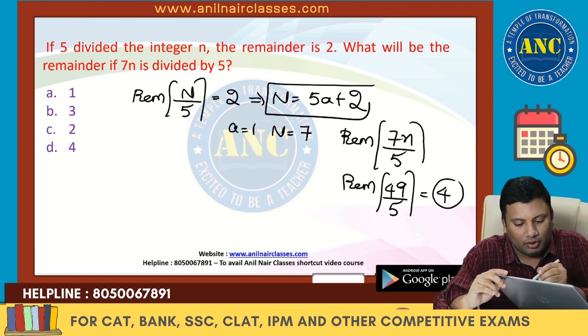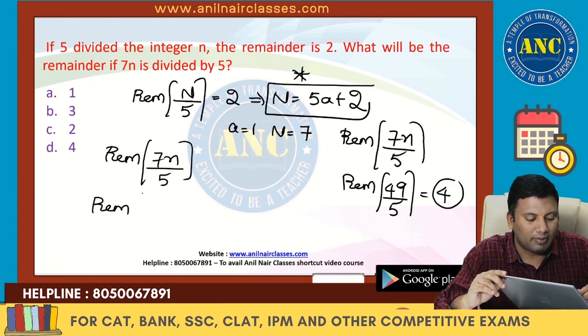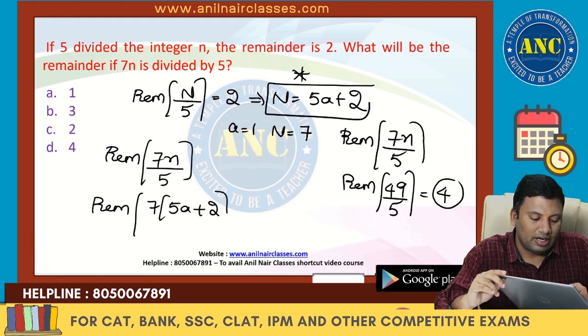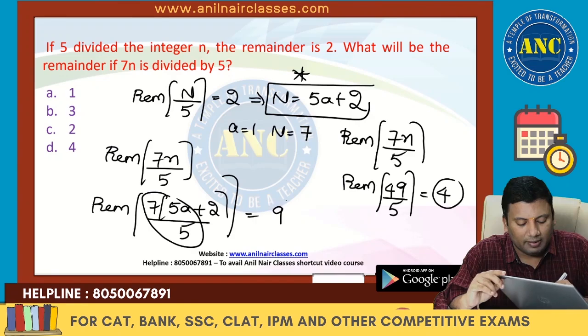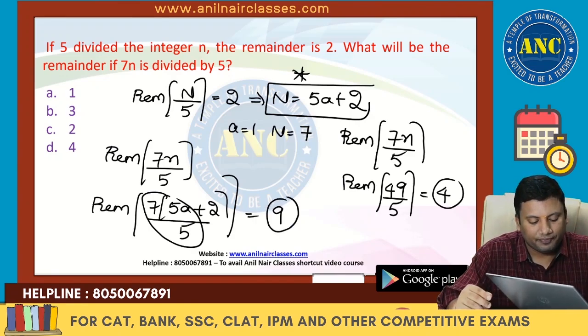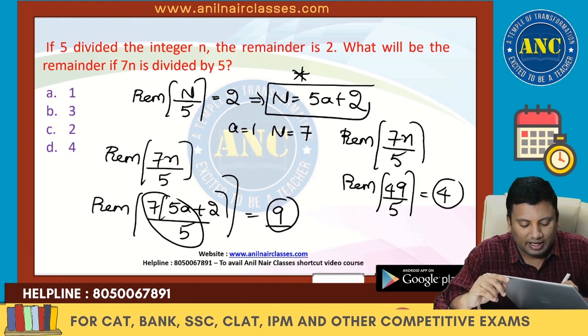Or what you can do is substitute the generic form. What is the remainder when 7n is divided by 5? This is the remainder of 7 times (5a plus 2) when divided by 5. 35a when divided by 5 leaves remainder 0. 14 when divided by 5: 5 ones are 5, and the remainder is 4.